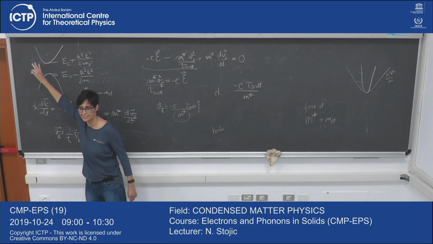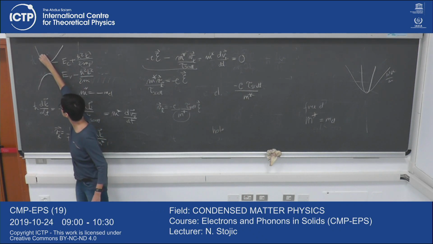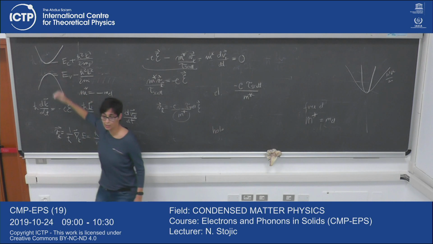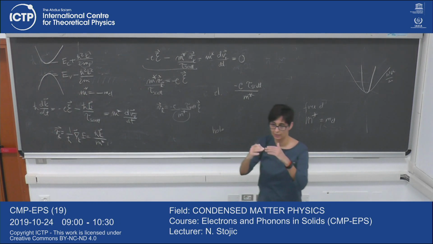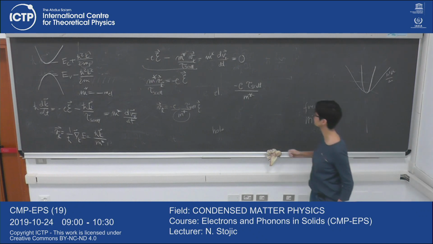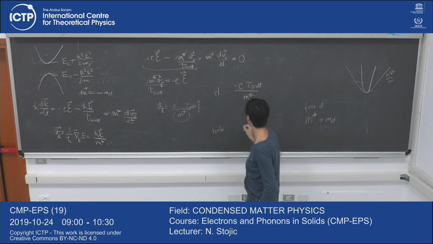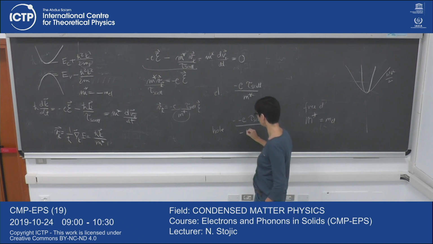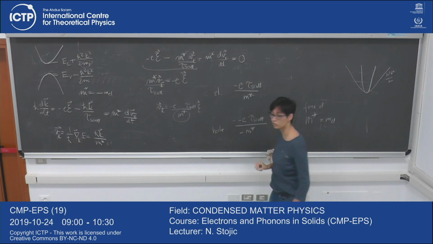I'm just looking at a semiconductor which has parabolic dispersion around the band, the conduction minimum and valence maximum. But for the holes, we'll get minus E, because it has to be a positive charge, which means I have to also add minus in the mass, which is true.